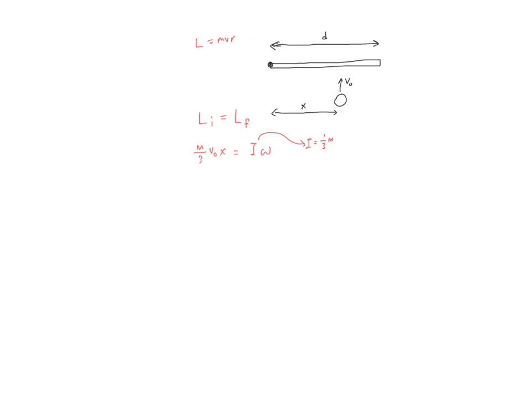So it'll be 1/3 md squared. That part is just for the rod, but we have to add on the rotational inertia of the disc, which is stuck to the rod. And whenever we have a single particle or a single object revolving around something, it's always mr squared for the inertia.